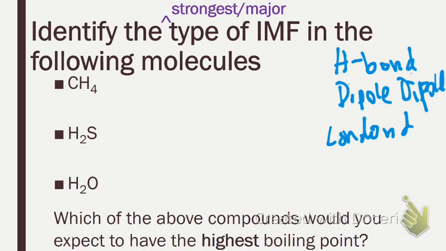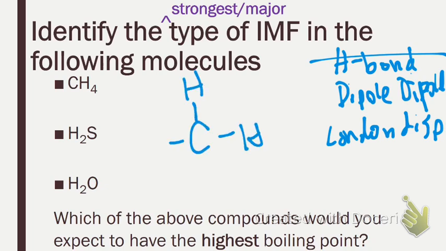So we're going to start at the top and ask ourselves, does CH4 have hydrogen bonding? Well, it does have hydrogens, but there's no F, O, or N, so there's no hydrogen bonding there. And dipole-dipole is only on a polar molecule, and if we look at CH4's structure, you'll notice that there's no lone pairs on the central atom.